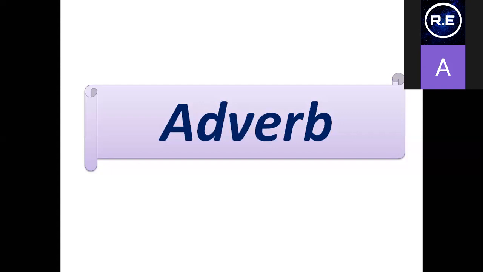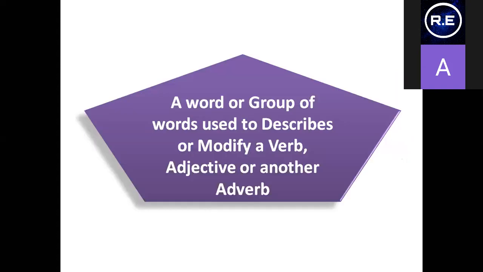Who can remind me? What is an adverb? What does it do? How can I identify that this is an adverb? Describes a verb. Another adverb. Adjective. Excellent. Does it only describe? No. Why?